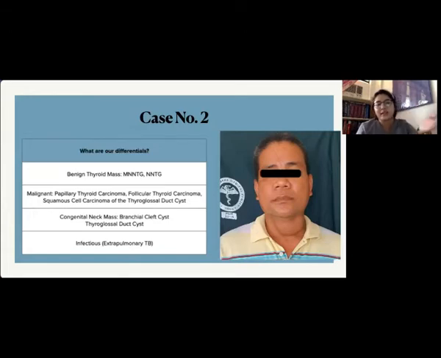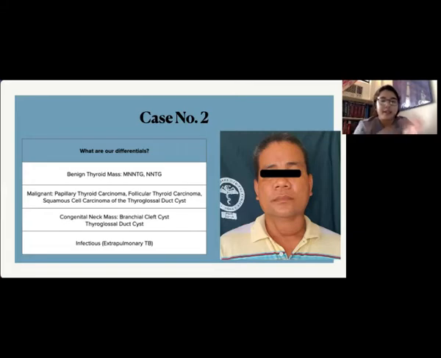So what are our differentials? There are a lot of causes of anterior neck mass. For this case, you can think of a benign thyroid mass, multinodular non-toxic goiter, non-nodular non-toxic goiter. You can also think of malignancy, such as papillary thyroid carcinoma, which is very common, follicular thyroid carcinoma, squamous cell carcinoma of the thyroglossal duct, which is just 1% of thyroglossal duct masses.